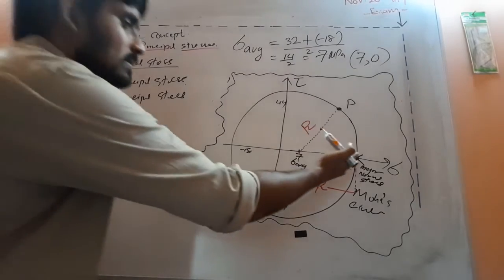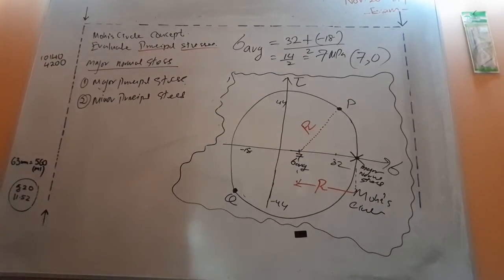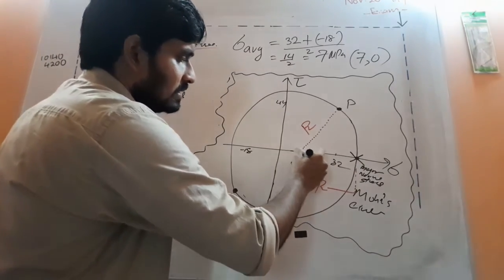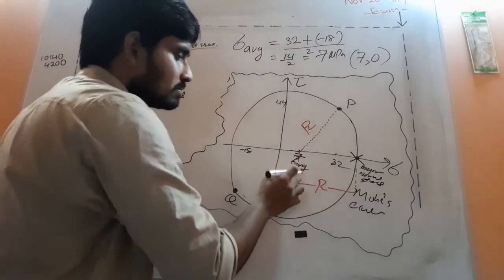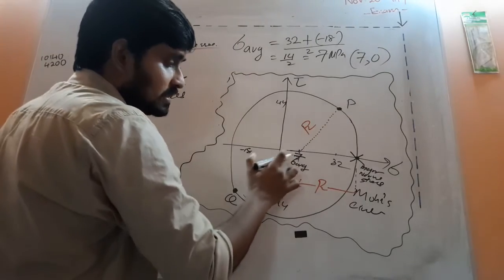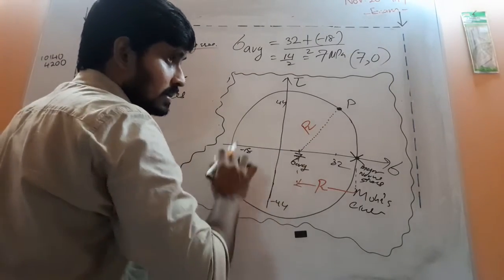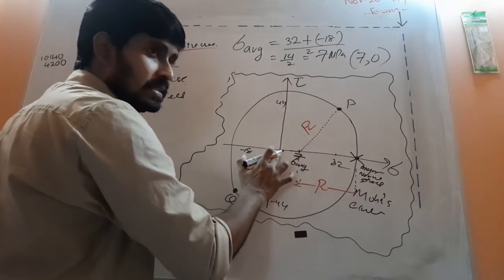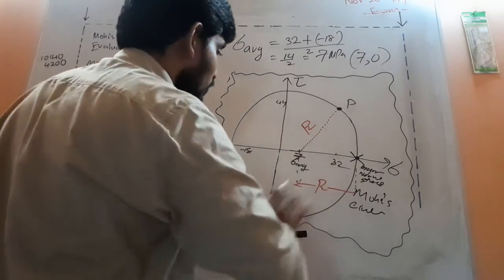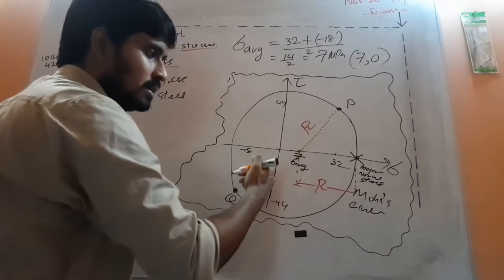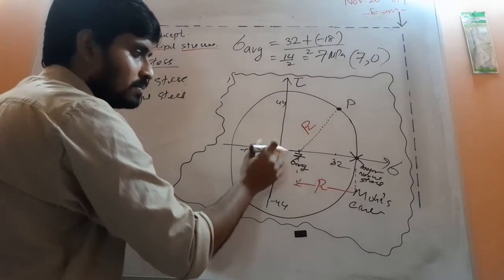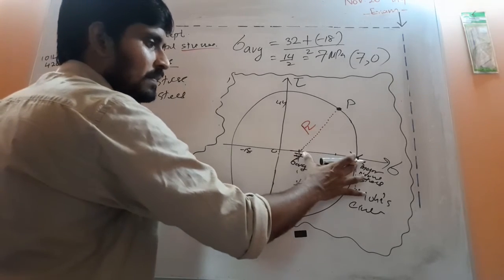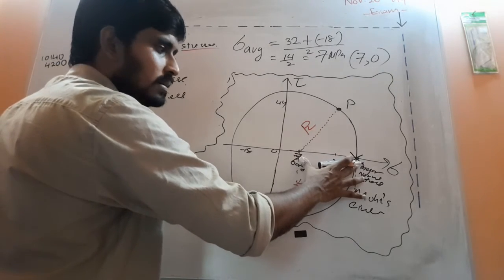So how to find this? Very easy. You know the center coordinate value, that means the horizontal distance to the center from the origin, because you are not going to worry about the y distance. You know the horizontal distance from origin to the center, and definitely this length is a radius, right?